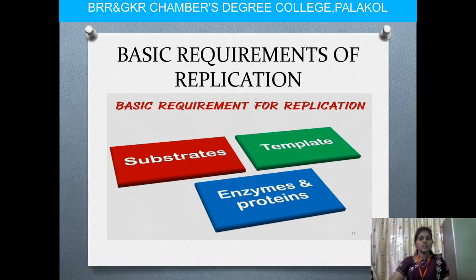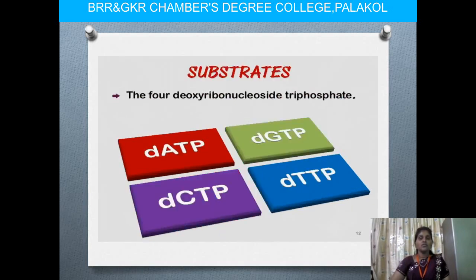So first I want to talk about the substrates. The substrates used for replication are four deoxyribonucleoside triphosphates. The four types of substrates are dATP, dGTP, dCTP and dTTP. dATP means deoxyadenosine triphosphate, and the next ones are deoxyguanosine triphosphate, deoxycytidine triphosphate and deoxythymidine triphosphate.